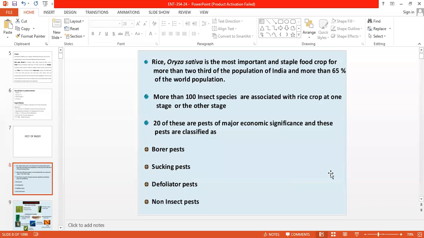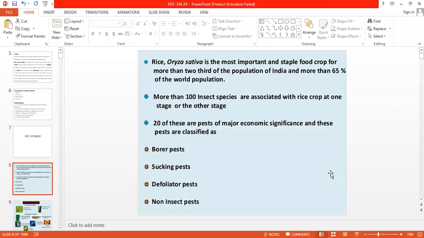More than two-thirds of the population of India has rice, Oryza sativa, or paddy as the most important staple food, and more than 65% of the world population depends on paddy. This paddy crop is mainly infested by various insect pests.